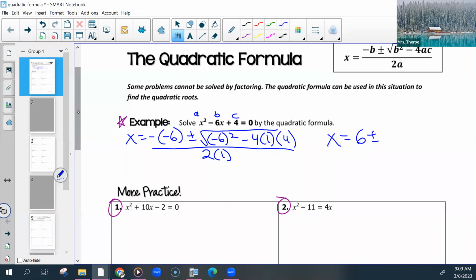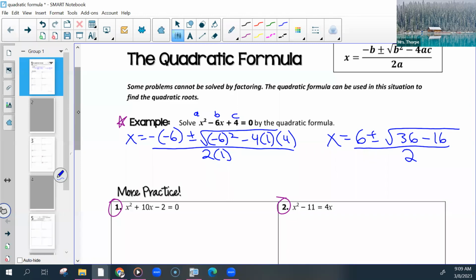We need to keep the plus minus, keep the square root. This will become a positive 36. And you can multiply all of these at the same time. So negative 4 times 1 is negative 4. Negative 4 times 4 is negative 16. And 2 times 1.